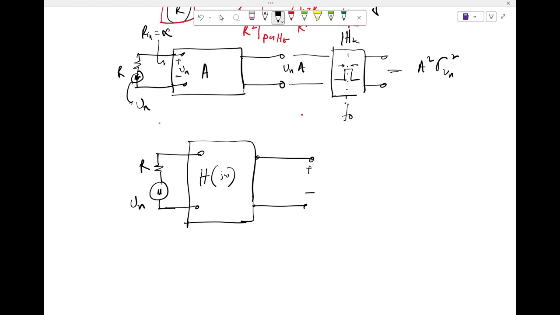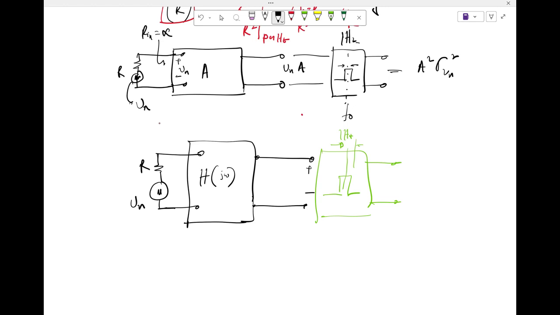So let's do the same experiment. What thought experiment? I put a band pass filter of 1 hertz bandwidth. What am I going to get at the output? And I'm observing the power, right?